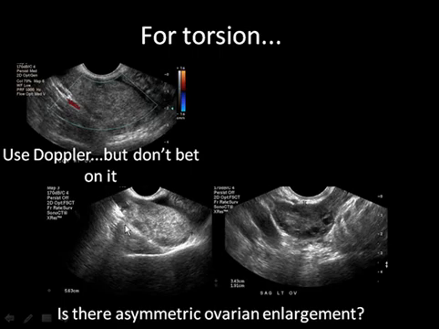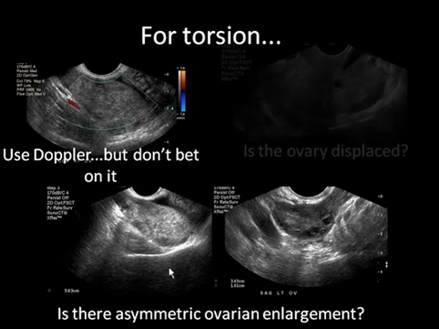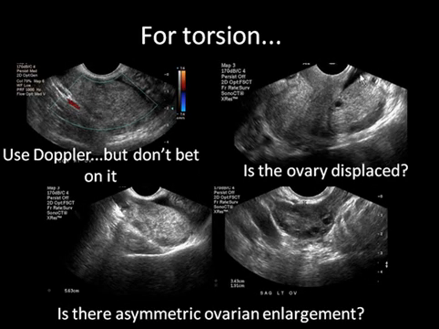That ovary may appear more echogenic due to hemorrhage within that ovary. You may see follicles that are displaced peripherally. But more importantly, check the location of the ovary, to see whether it is twisted deep into the pelvis, into the cul-de-sac posterior to the uterus, or anterior and superior into the midline above the uterus.